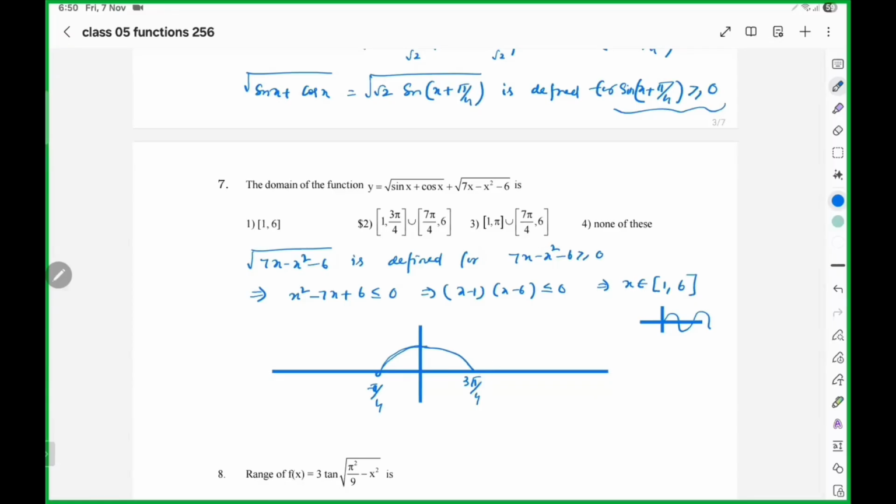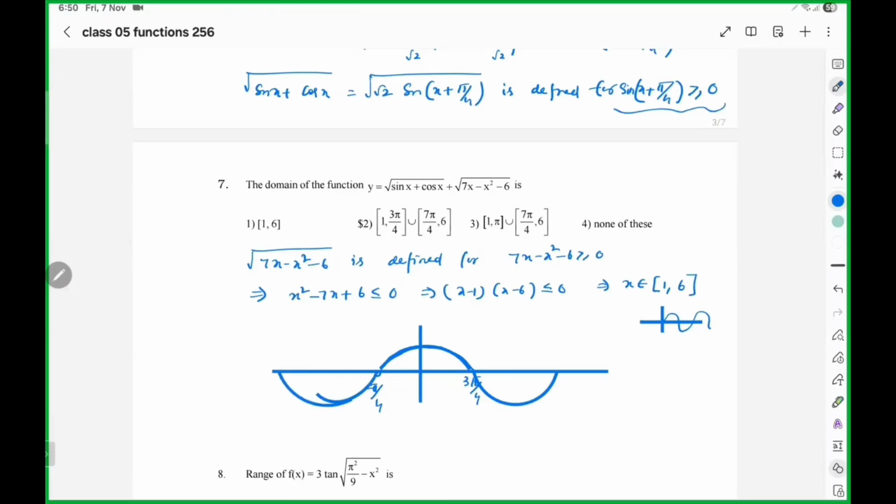The same graph, up to this where it is positive. Then you have negative. After pi, it enters into third quadrant, it will be negative, like this.